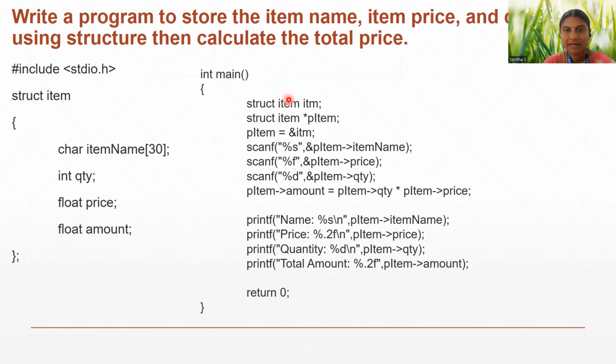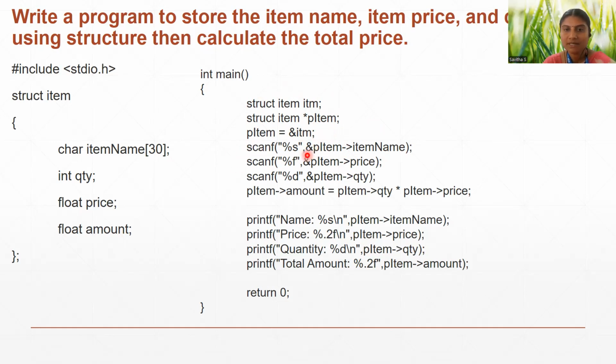So first thing, we are creating a structure object. Struct item, ITM is the structure object. For the same structure object, we have created a pointer. Hence, we need to mention the address of the structure object so that it will link with the pointer variable and all the data will be stored straight in the pointer variable address.